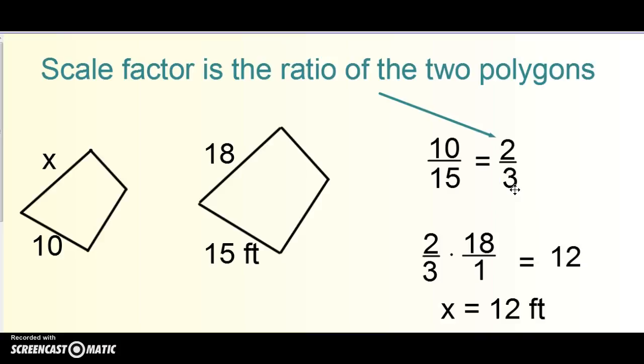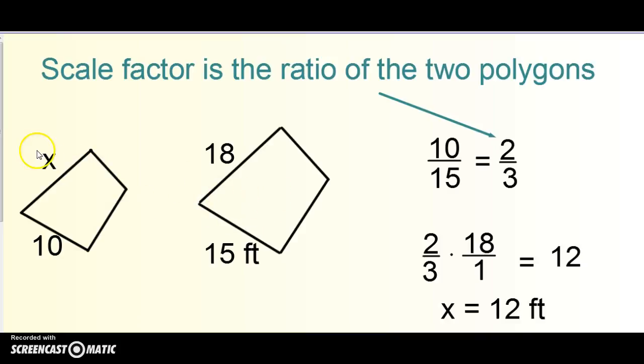Now here's the part that could be a bit confusing. Because we're trying to find x, it's very important to have the 10, because that's from that same polygon, be in the numerator. If I had put the 15 in the numerator, that would have been creating a larger ratio, 3 to 2, and so our final answer would have actually been larger instead of the proportion we wanted.